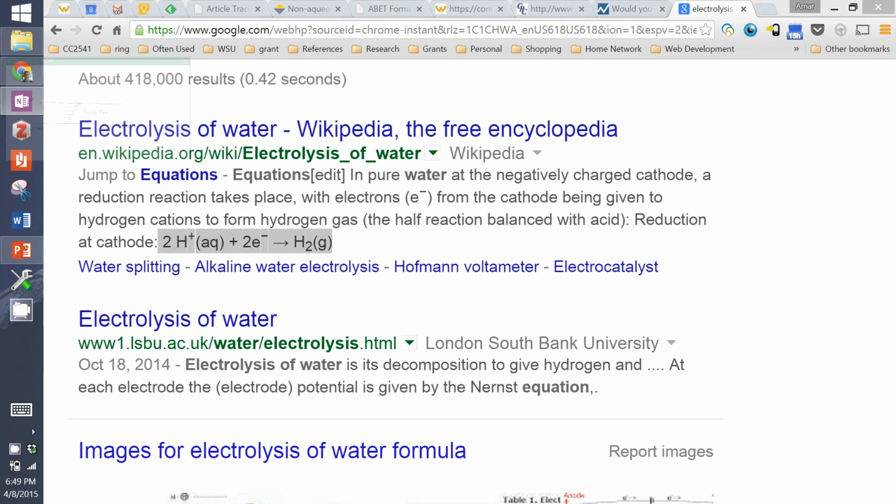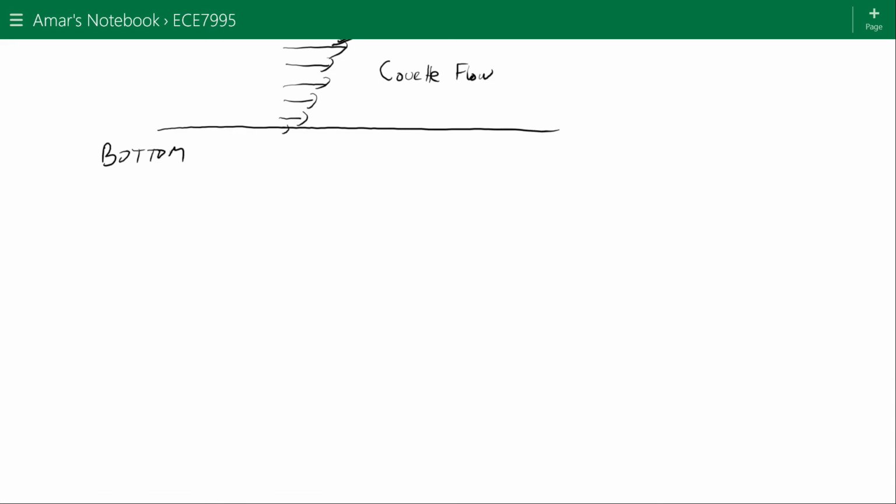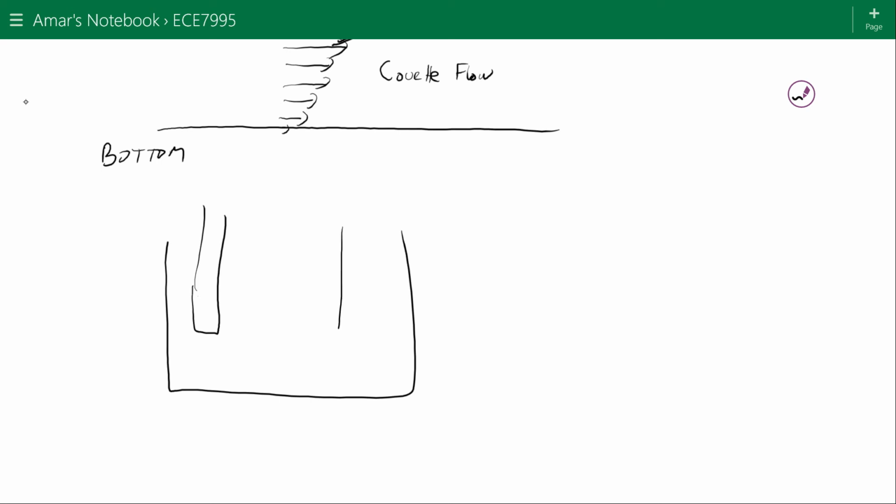Let's see here. Let's just draw this setup here. So we would place a voltage between these two electrodes like this. And this is in water.